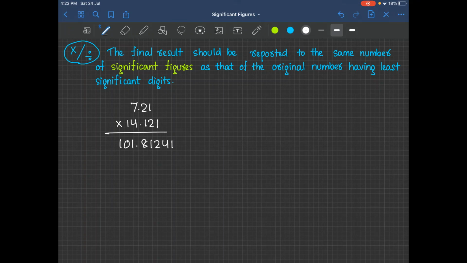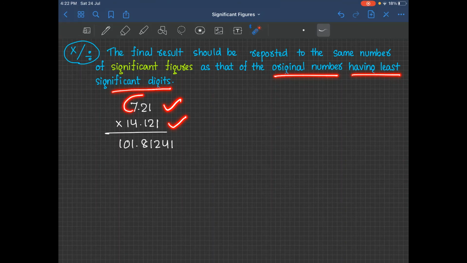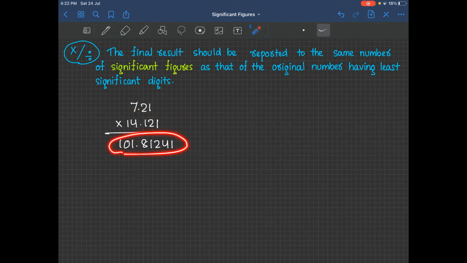But according to the rule, let's check out of the original numbers which one has least significant digits. These two are original numbers. So least significant digit here, see, this one has only 3 significant digits. That means our final answer should have 3 significant digits. We have to round it off up to this number.